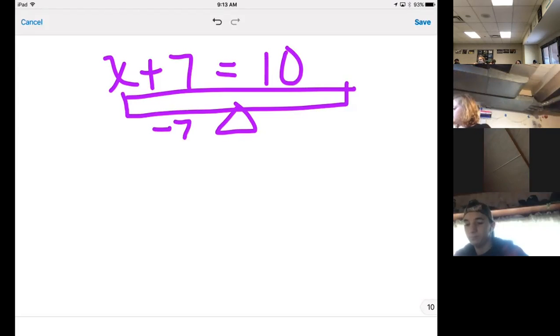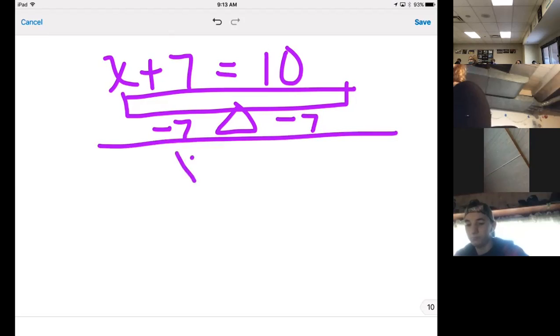Because now they're not equal anymore, because I subtracted 7 from the left side, so now it's less. I've got less over there. It's like this weighted thing, right? So I would have to subtract 7 from the other side. If I subtract 7 from both sides, then what happens is it maintains its equality.